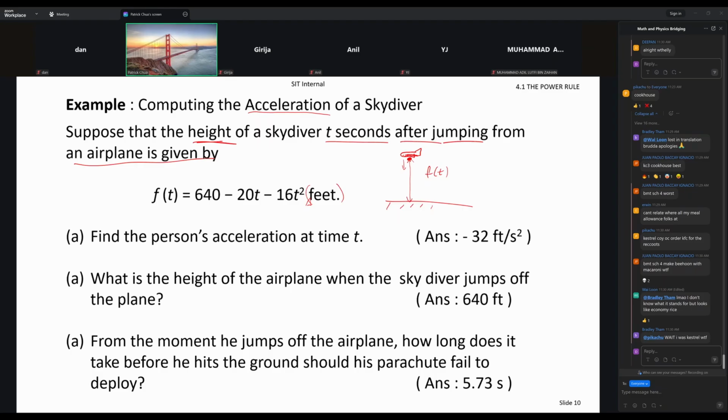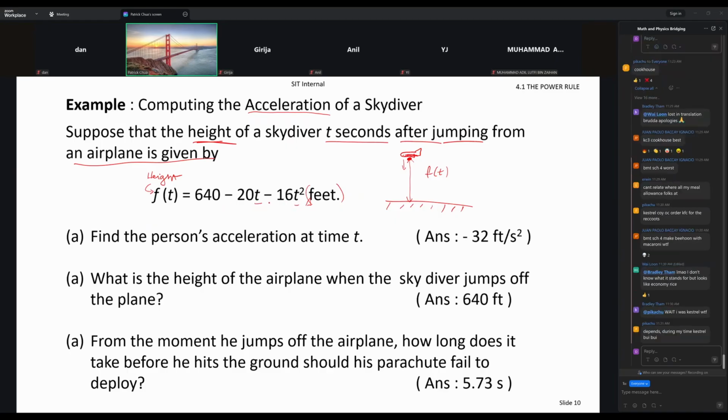As time goes on, the height will get less and less because he is reaching the ground with his parachute. So height is represented by this, a function of time. It's minus, so as time increases, the height gets less and less.